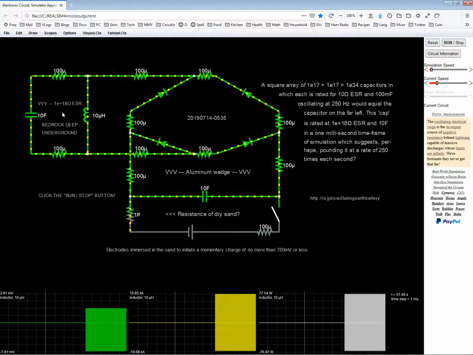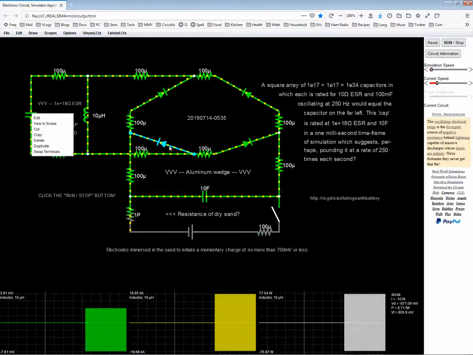It generates current, while a coil eats it up. The length of the wire in a coil eats up current, but the equivalent series resistance of a capacitor accelerates current. Now, normally a ceramic capacitor has a default value somewhere in the vicinity of 10 milliohms of resistance, and that's my default, 10 milliohms.